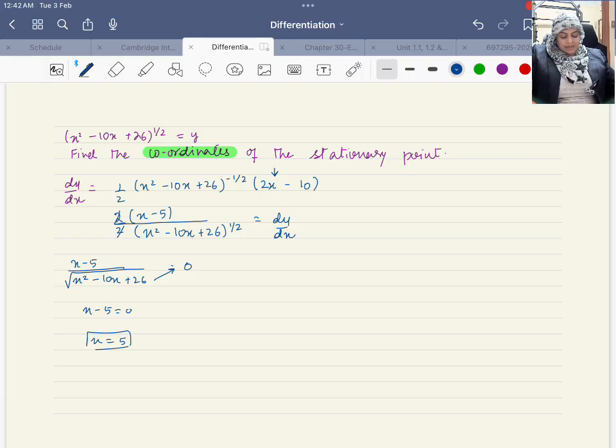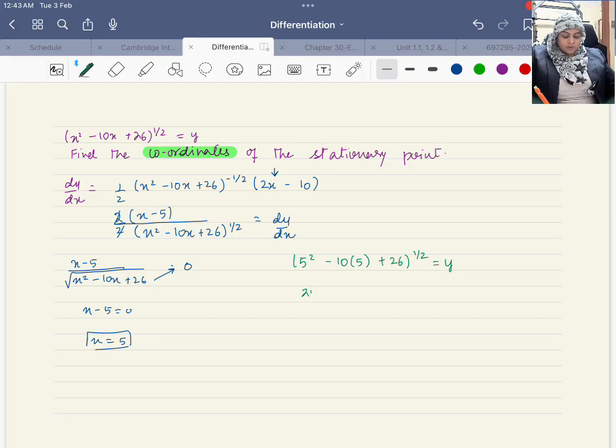Our work does not end here because it says coordinates of the stationary point. We know that coordinates mean we need the x coordinate and the y coordinate also. So what's the corresponding y coordinate? We put this x is equal to 5 in the original equation to find out y. So let's plug it in. 5 square minus 10 into 5 plus 26 to the power half is equal to y.